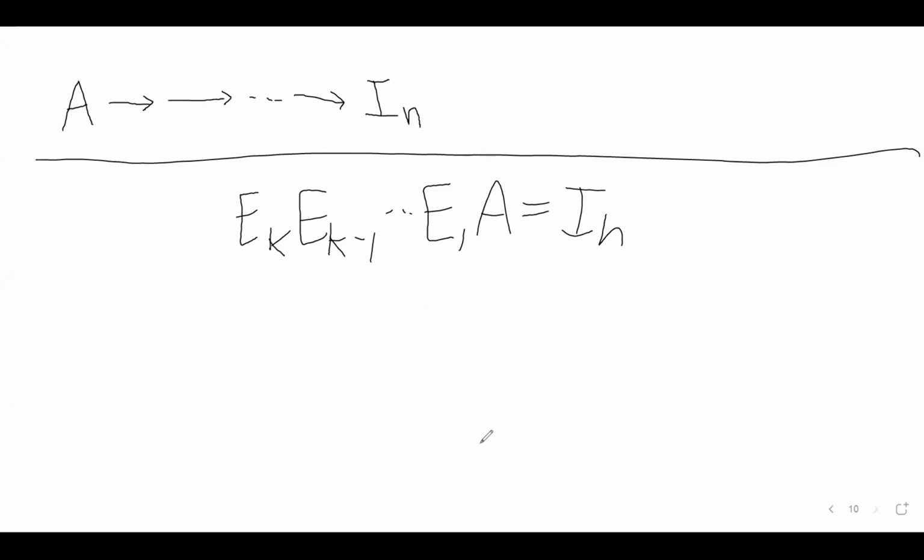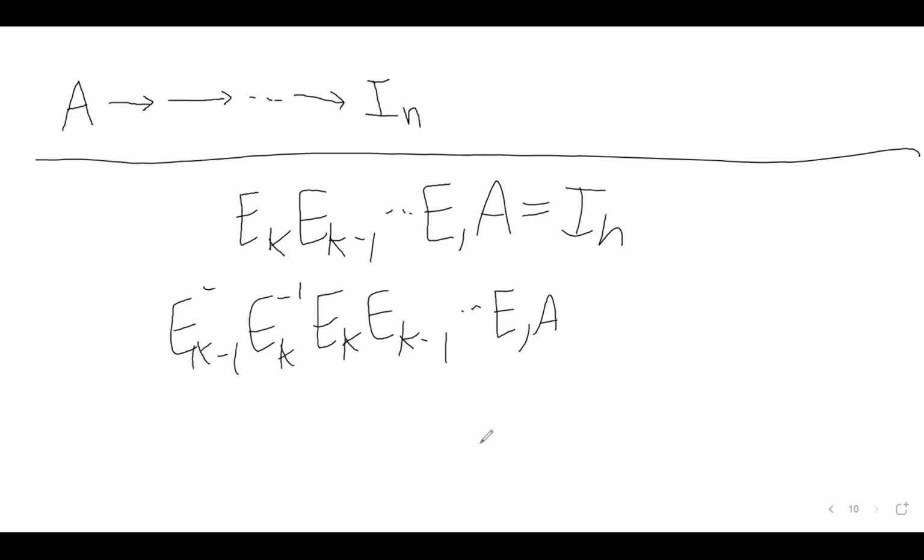And so now I'm going to write smaller. We're going to left multiply by Ek inverse, Ek minus 1 inverse, ... E1 inverse, and we're multiplying both sides by that same quantity.